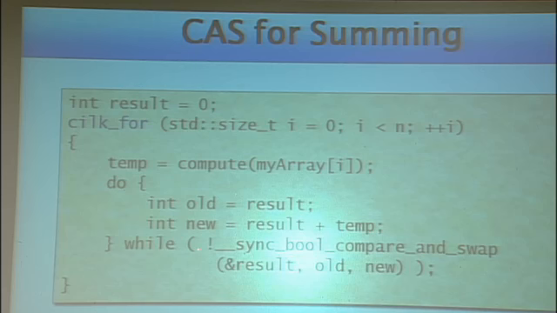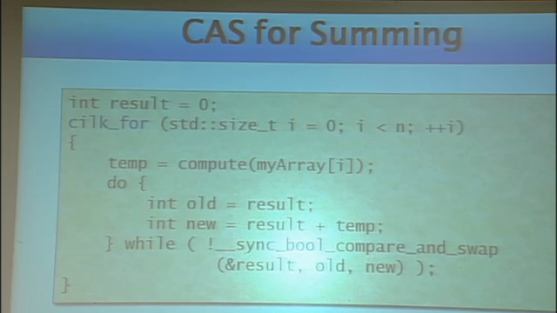And now I attempt to compare and swap: as long as the old value is what I read it to be, swap in the new value, okay? If the old value turns out to be different from what is currently in the result location, then it returns false, and I redo this again.